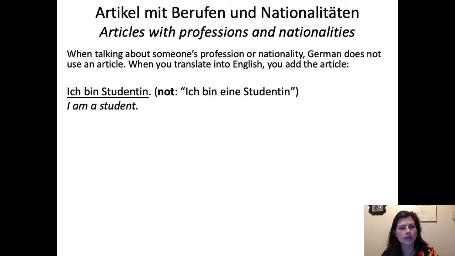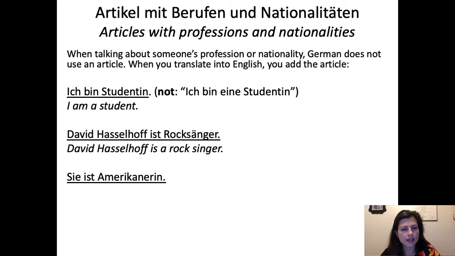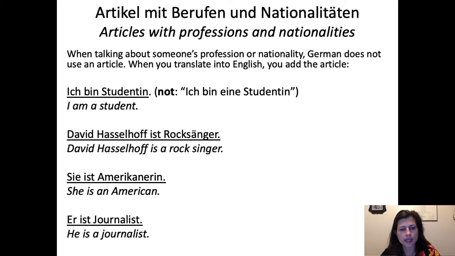So when you translate it, you've got to add the article. Ich bin Studentin turns out to be, I am a student. David Hasselhoff ist Rocksänger, turns out to be David Hasselhoff is a rock singer. Sie ist Amerikanerin, turns out to be she is an American. And then ist Journalist becomes he is a journalist.